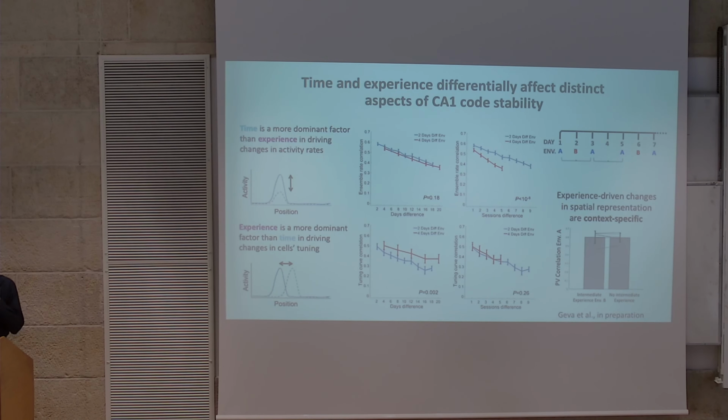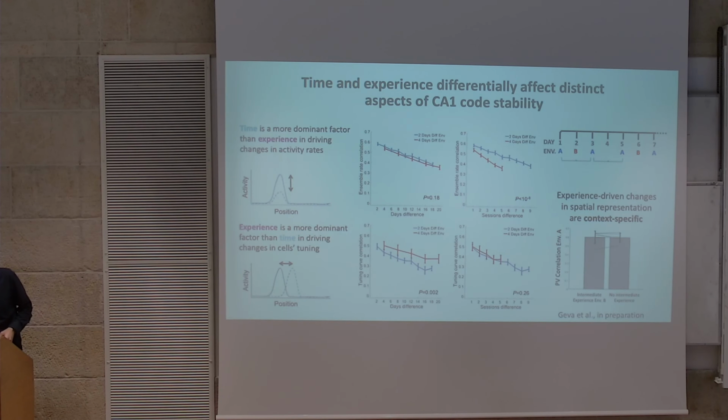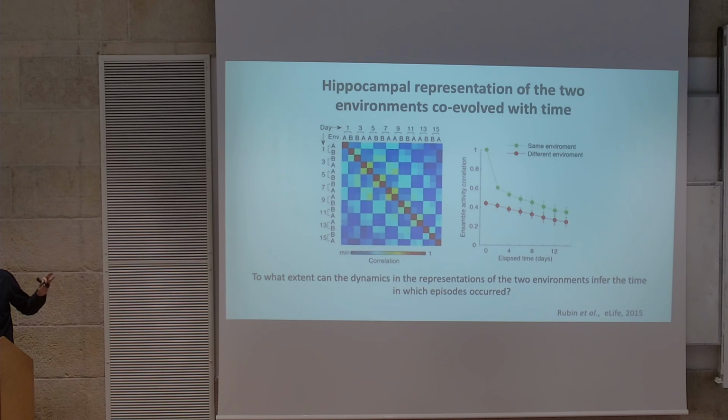So when you talked previously about stability, which ones did you cover? In the previous talk, I talked about changes in activity rates. Right. So here, this is changes in activity rates.